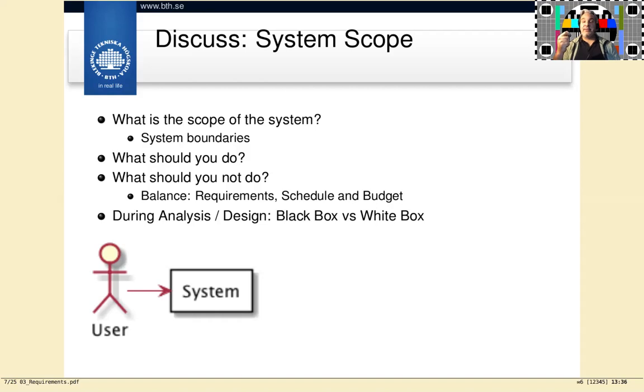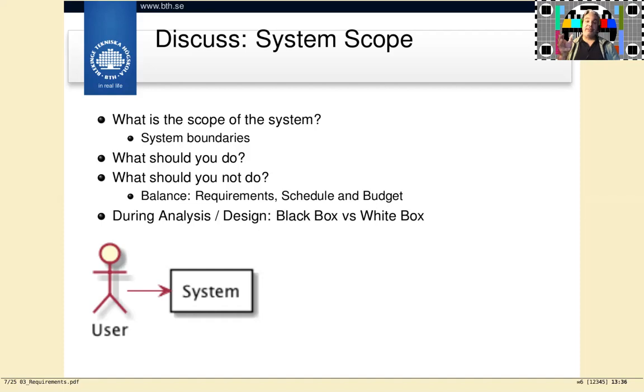Having this scope of the system, this definition of the system you're building, is very important when the mass of requirements grows, and when you negotiate with customers and whenever you talk to customers, so that you don't promise to do things that you in the end won't do.